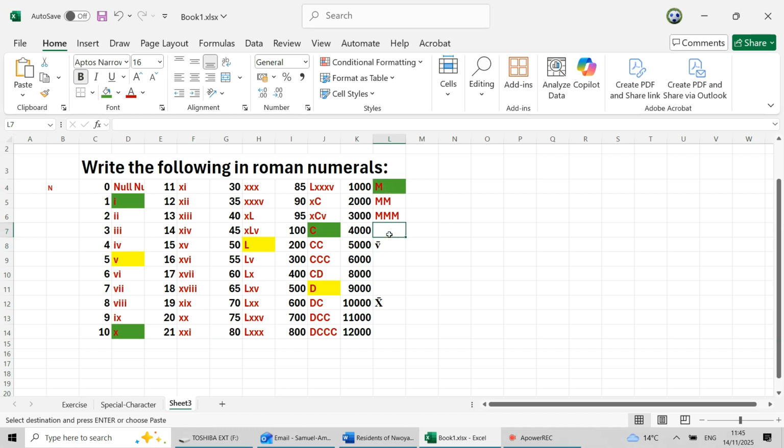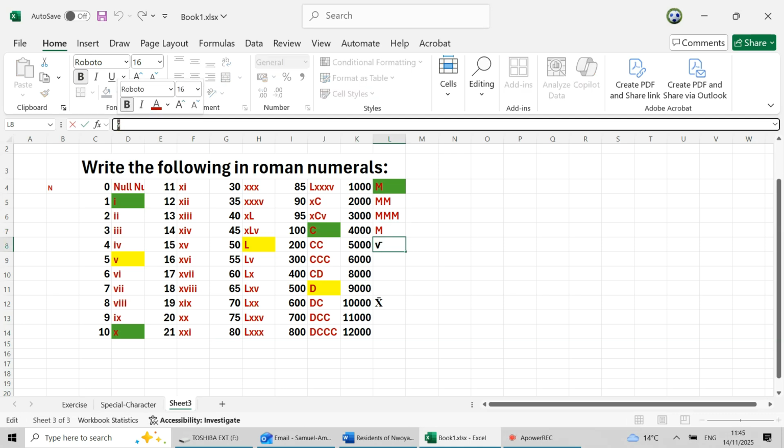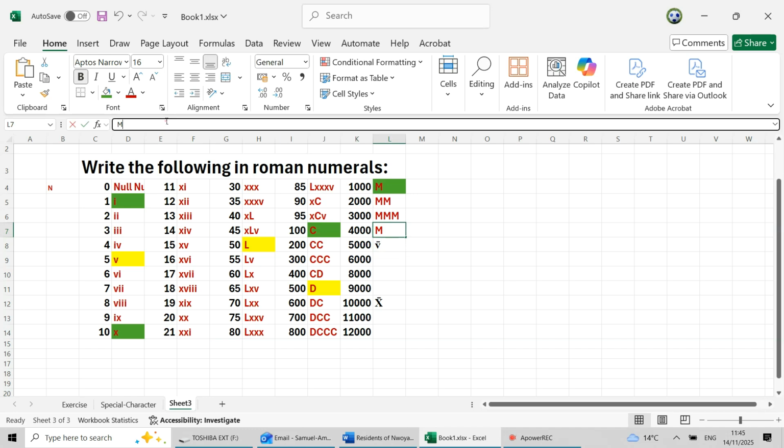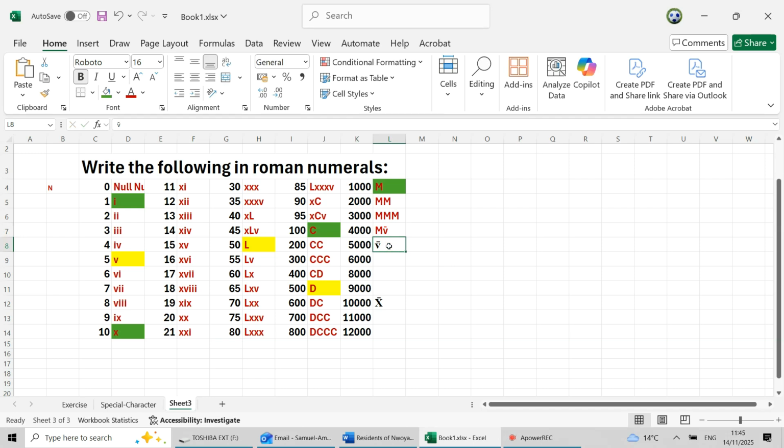Why can't I just take away 1,000 from the 5,000? Why can't I do that? Or what is wrong with doing that? You see, that is 4,000. I'm taking away 1,000 from 5,000 to make 4,000.